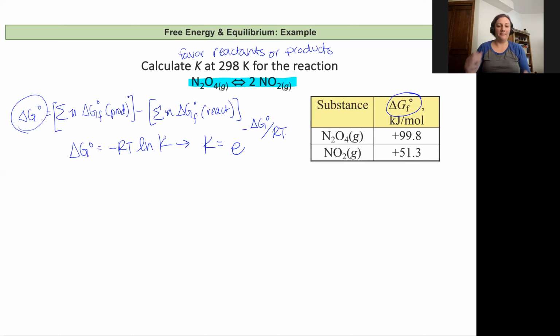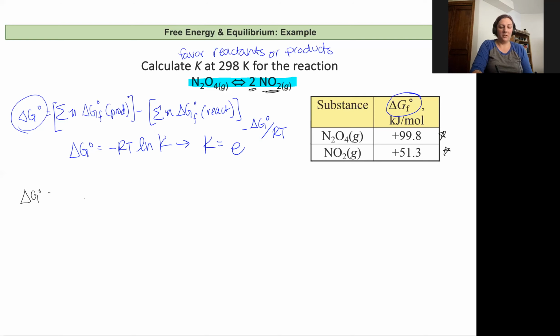So let's give this a try. I'm going to first calculate my free energy, using the given values right here. For my products, it's NO2, and I've got a coefficient of 2.